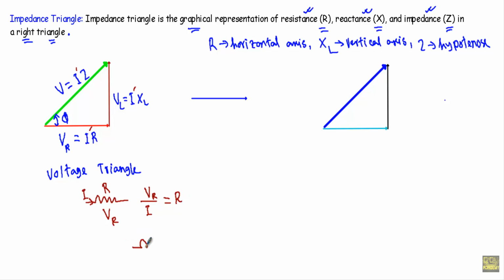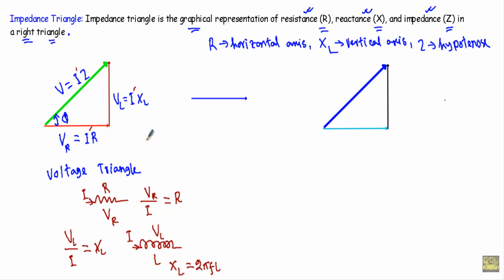If I have an inductor whose inductance is L, it will provide an inductive reactance XL equal to 2πfL. If the voltage across that inductor is VL and the current through that inductor is I, then if I take the ratio of phasor voltage VL and the current I, I will get the inductive reactance XL.